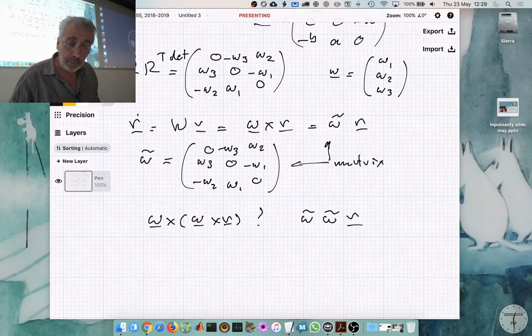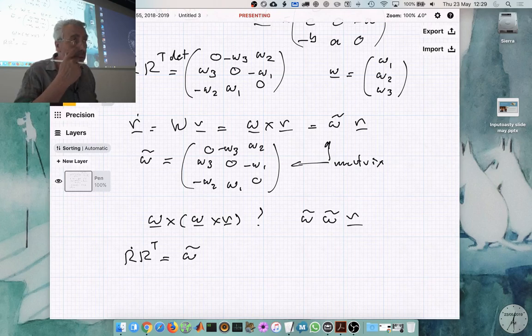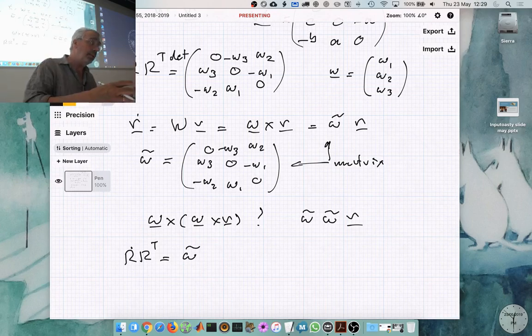Back to our definition, R dot R transpose is this omega tilde matrix. The final step we now have to make is, of course, we have this guy in Euler angles, and this guy is our angular speed. And we have to find the relation between the time derivatives of the Euler angles and the angular speeds.